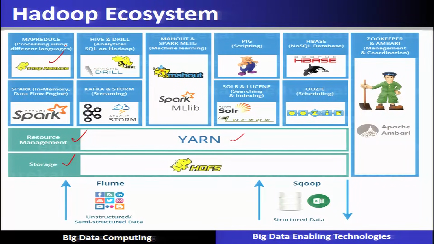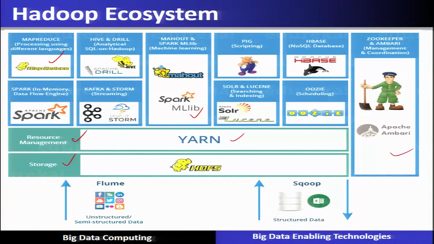Similarly, there are other projects such as in-memory computation, that is Apache Spark, and machine learning over Spark called Spark MLlib, and streaming applications over Yarn and HDFS, that is Kafka and Storm, and Zookeeper is a centralized service.